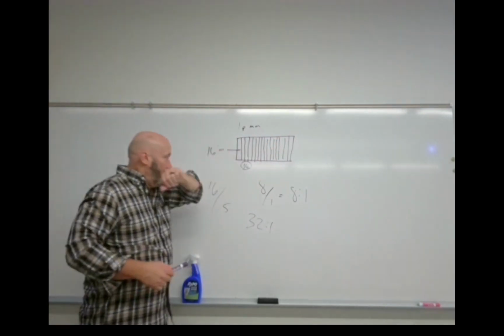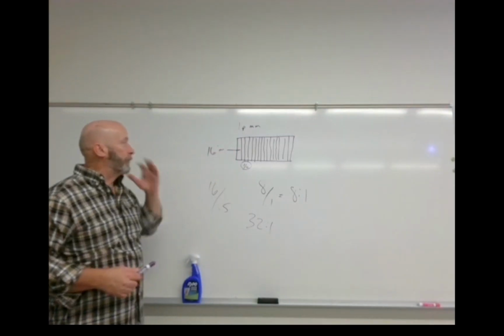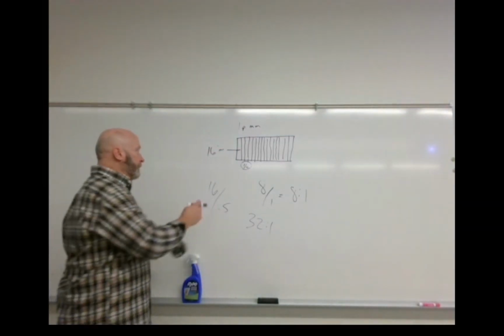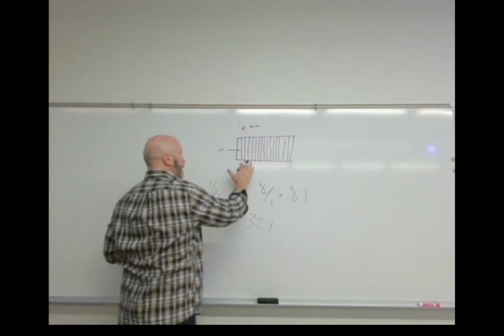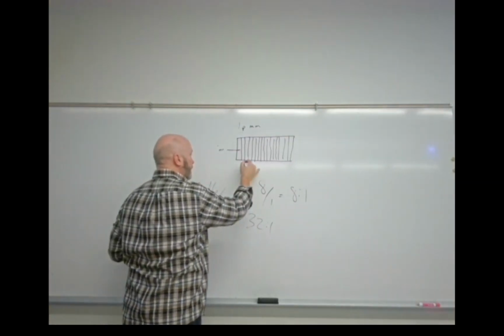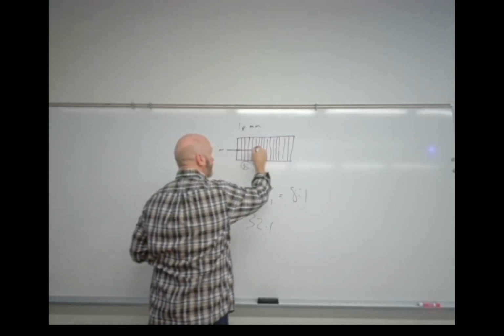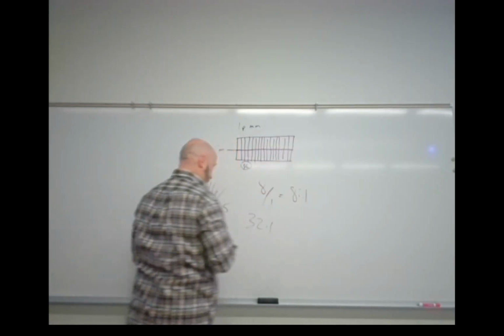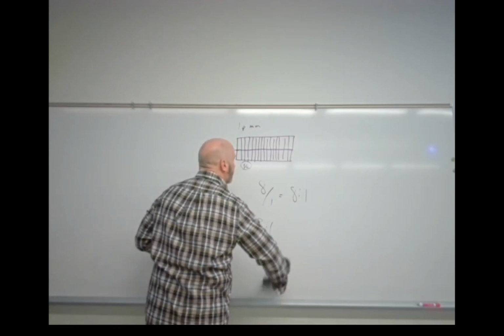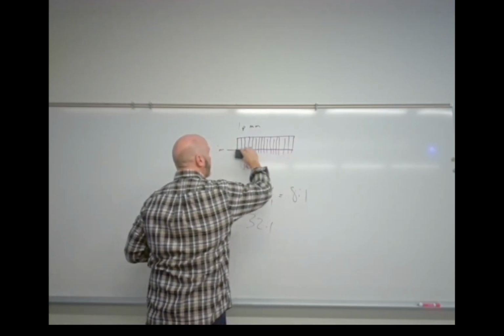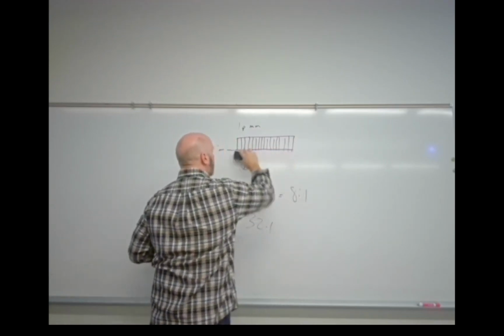Now, I started off this way to describe grid frequency. So, if I were to go back to this original and double the number of grid strips, but I cut this in half, like that, it'd still be 8 to 1.